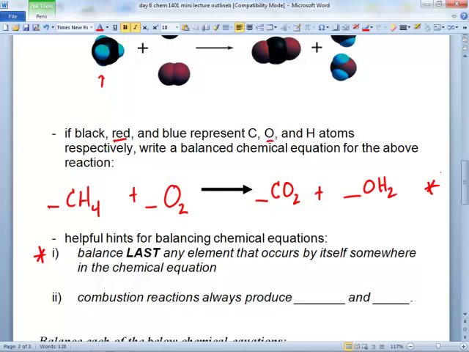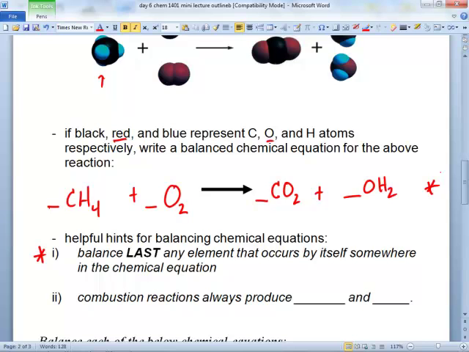Which element would... It has to be one all by himself. Oxygen, right? Because carbon, now he's stuck with hydrogen, right? And, well, over here you have oxygen stuck with hydrogen, but I guess you have oxygen by itself at least in one spot. So you leave him for last.